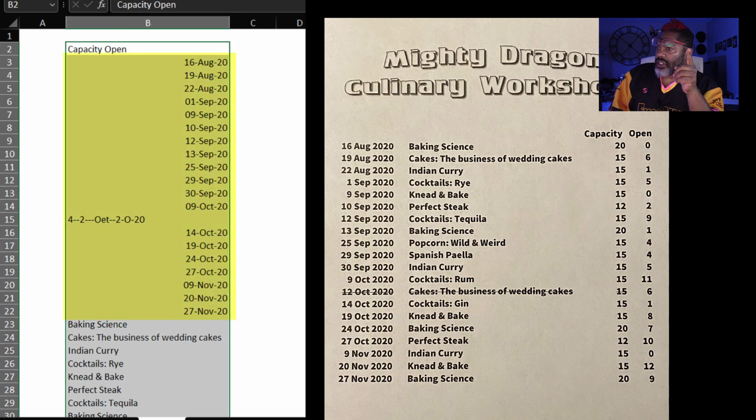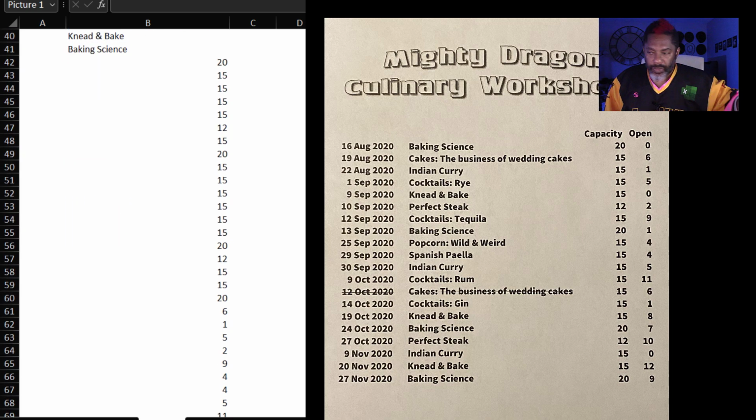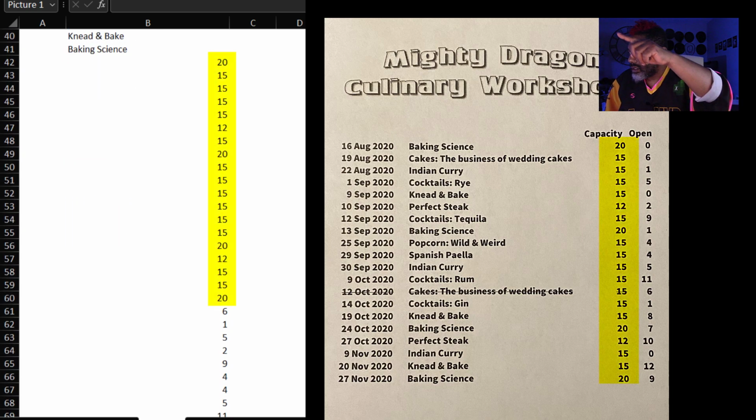We've got the dates 16 August down to 27 November. That's there. And then that odd entry in row 15, that is the workshop that's been canceled. There's baking science down to baking science, knead and bake, cocktails, rum, and then scroll down. There's 20 down to 20.